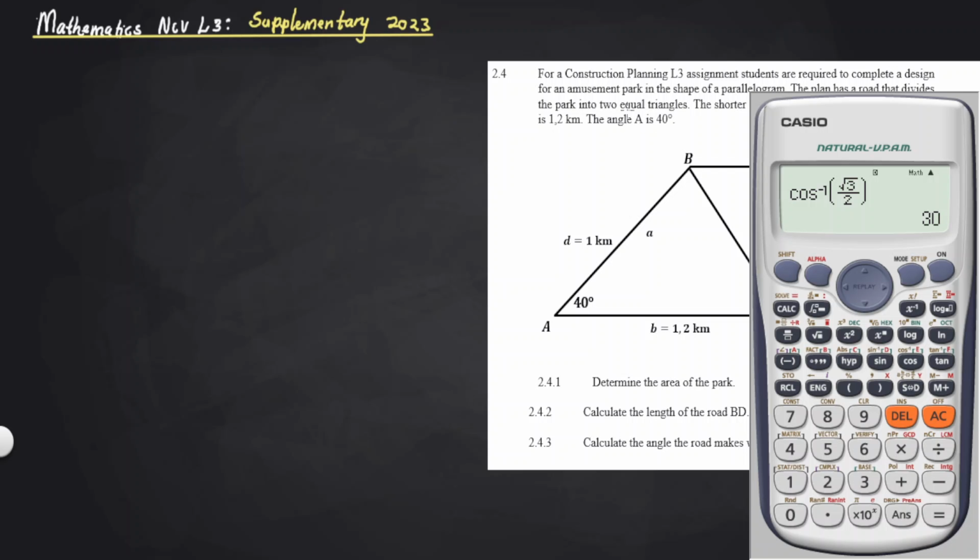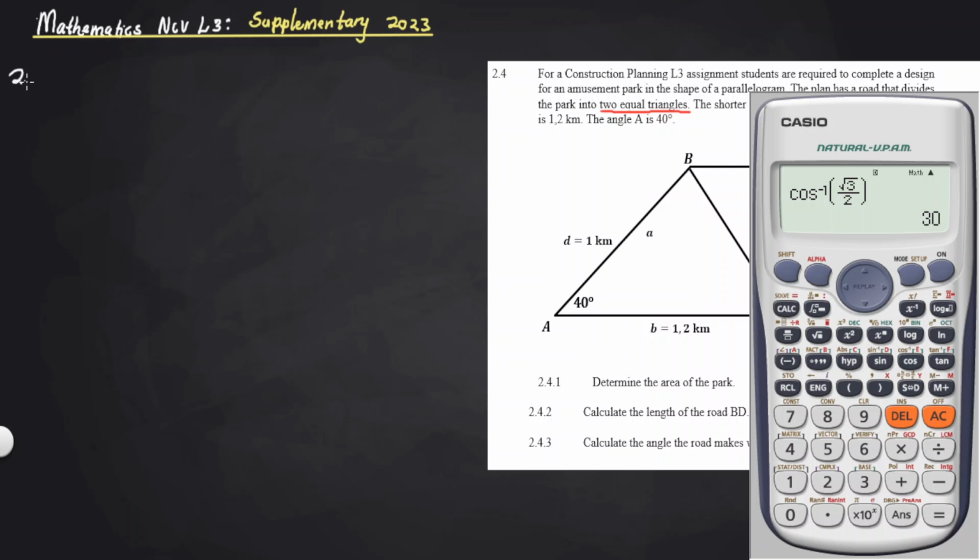I'm underlining this because it's important for a calculation later, more especially for 2.4.1. The shorter side, AB, is 1 kilometer, and the long side AD is 1.2 kilometers. The angle A is 40 degrees.